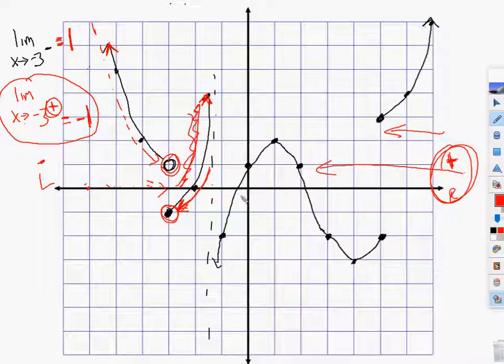I'm going from the right-hand side, so I'm looking at the x-axis. And I'm coming this way. And I'm looking at the y values and seeing, well, what happens as I get close to -3 from the right-hand side?